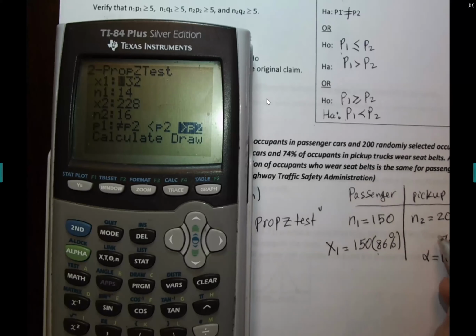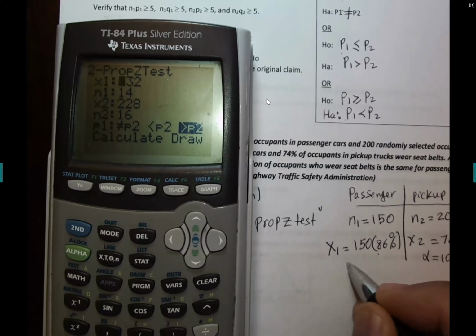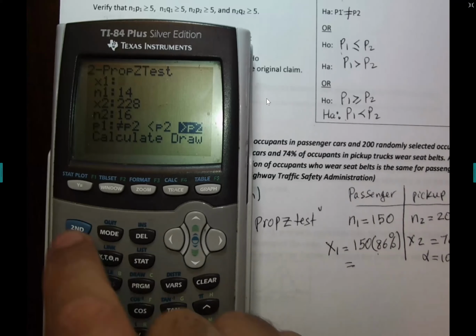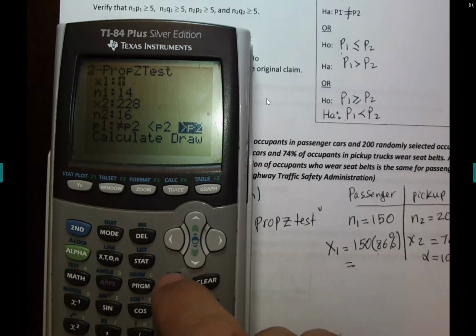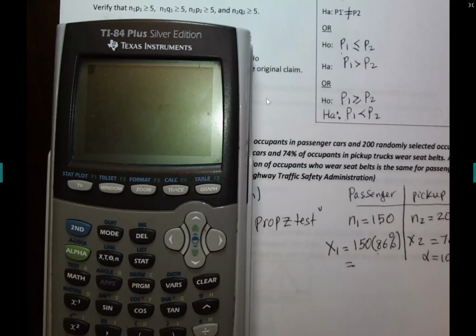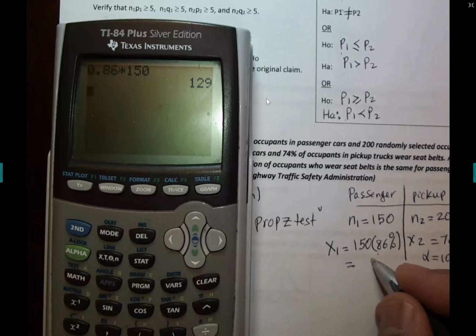And if it doesn't turn out to be a whole number, you better round it and make it a whole number. So 0.86 times 150. I think it's going to be a whole number. So I got 129. And same thing here for 74% of 200.